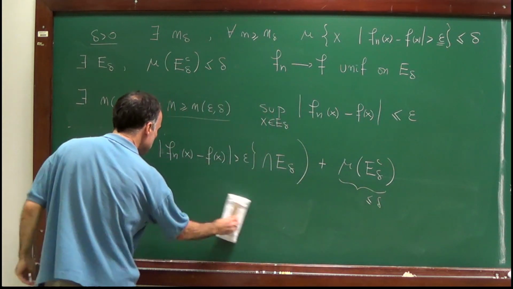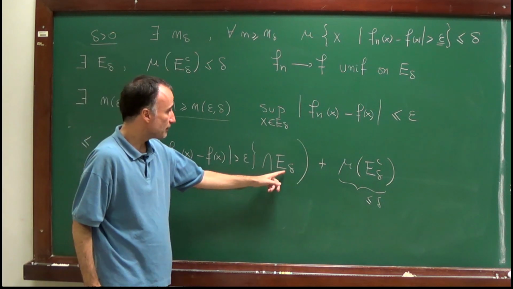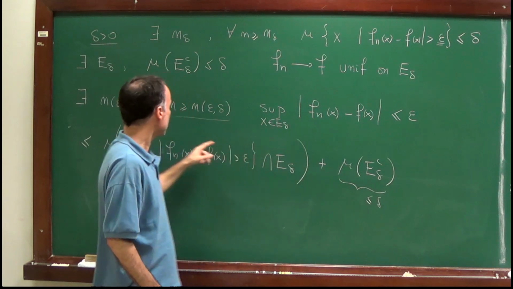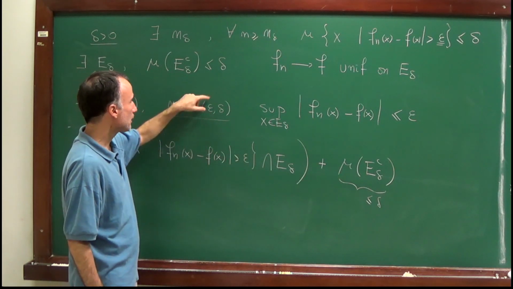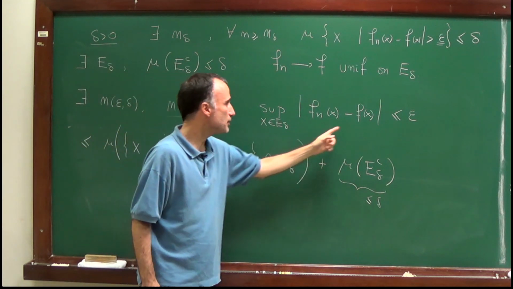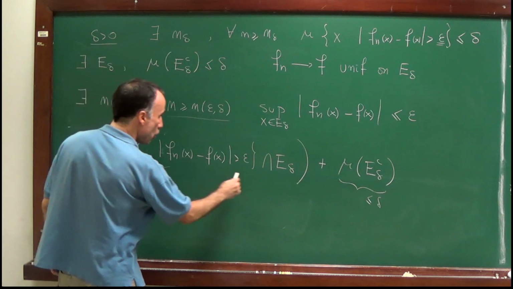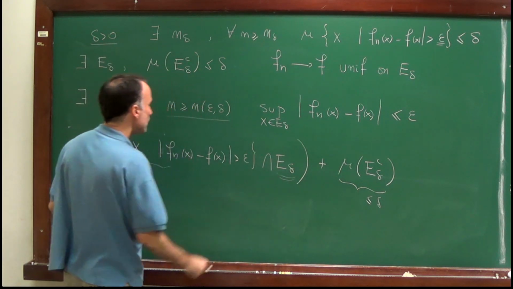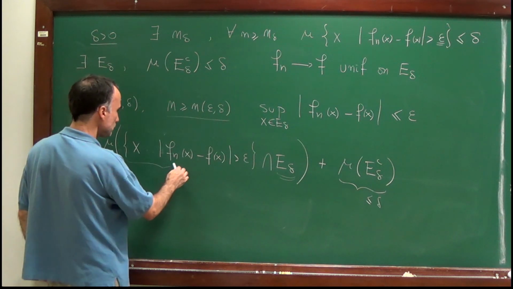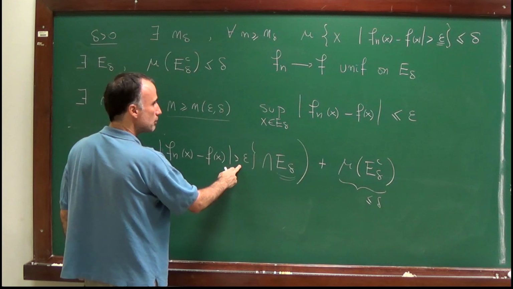On the other hand, on the set E delta, if I take n larger than n epsilon delta, this supremum is bounded by epsilon. So on the set E delta, if n is larger than this number, |fn(x) - f(x)| is smaller or equal than epsilon.